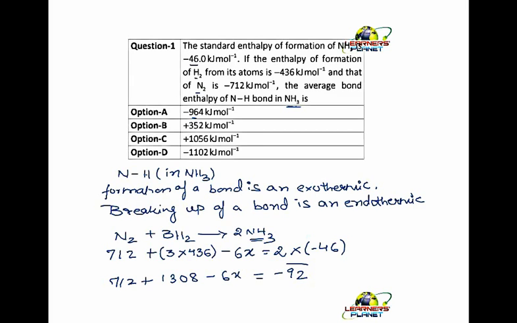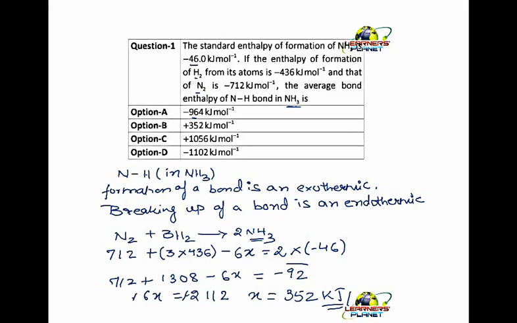Now your 6x is equal to 712 plus 1308, so 6x is equal to 2112, and your x will be equal to 352.